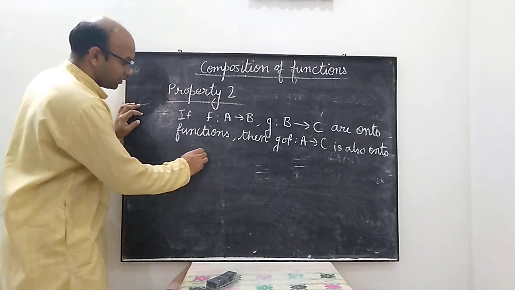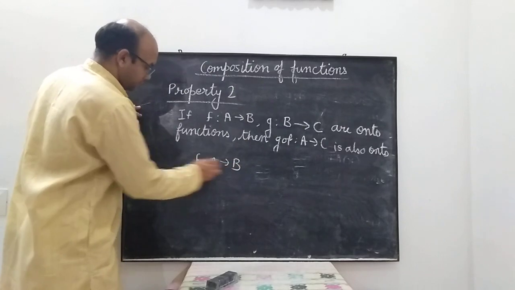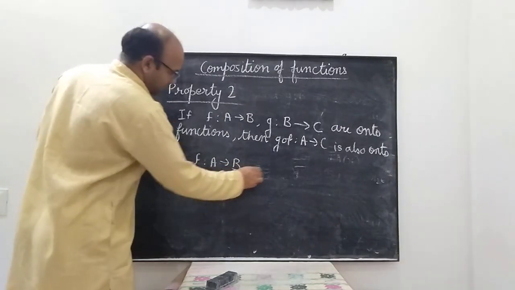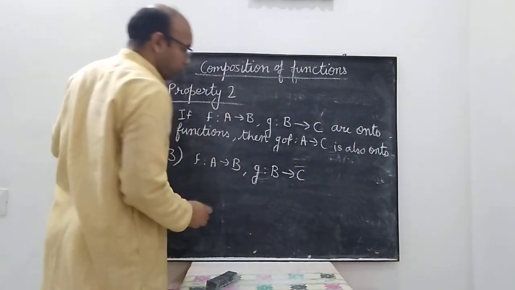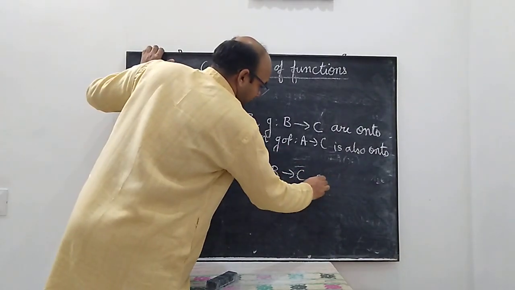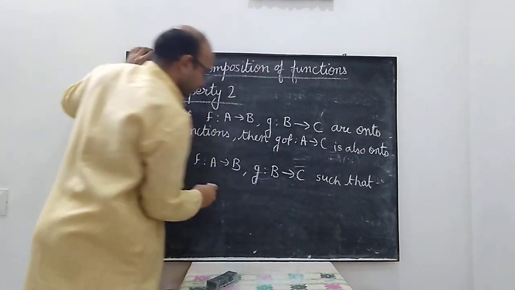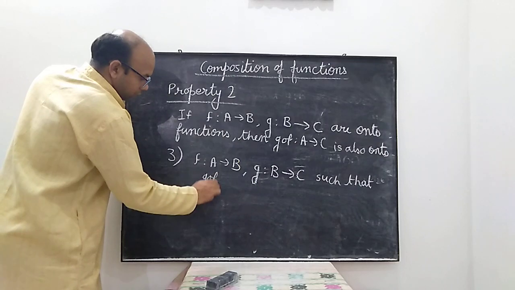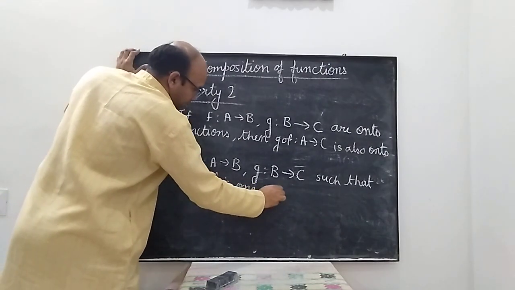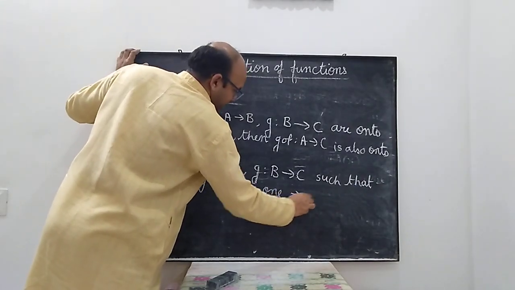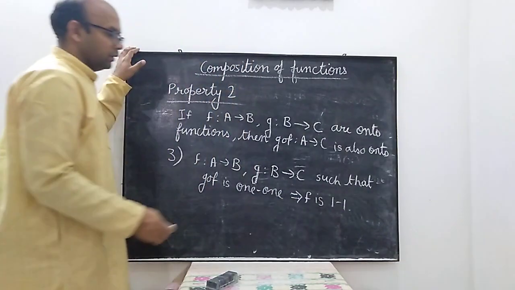The next concept is, if f is defined from A to B and g is defined from B to C such that gof is one-to-one, then this implies that f is one-to-one.